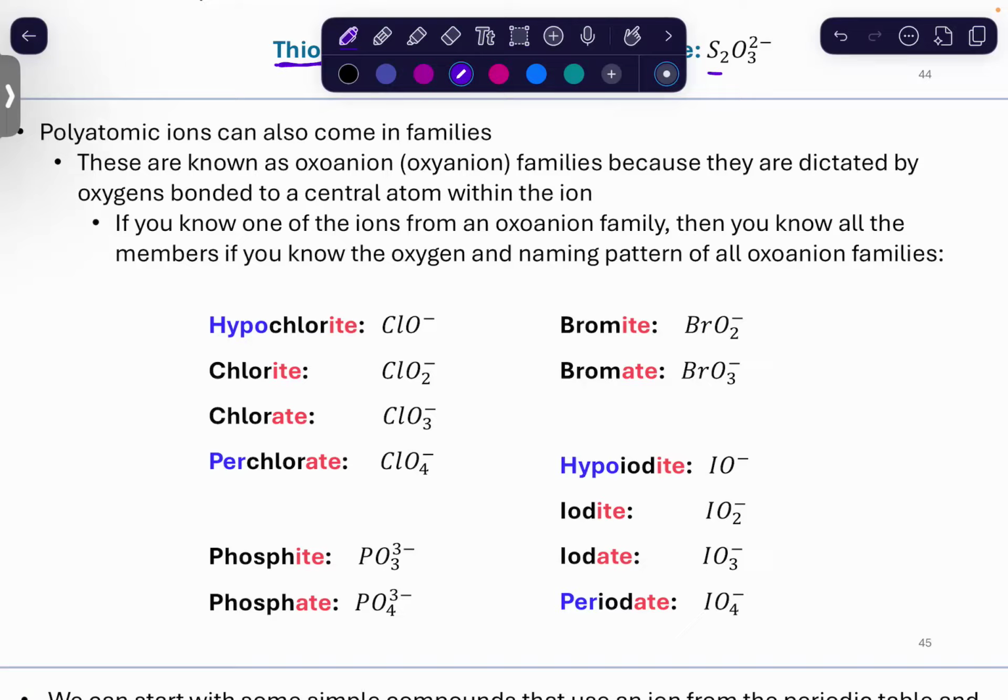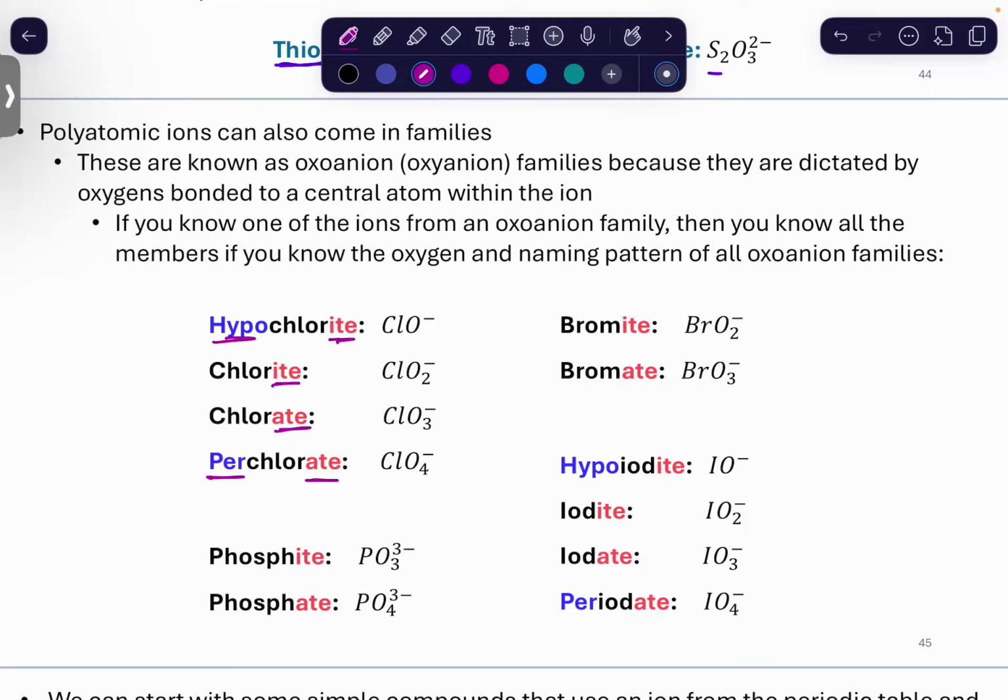So here, you look at the chlorate family. Notice the naming scheme. First off, you have hypo-ite, ite, ate, and per-ate, with your chlor as your base word. So you have hypochlorite, chlorite, chlorate, perchlorate.